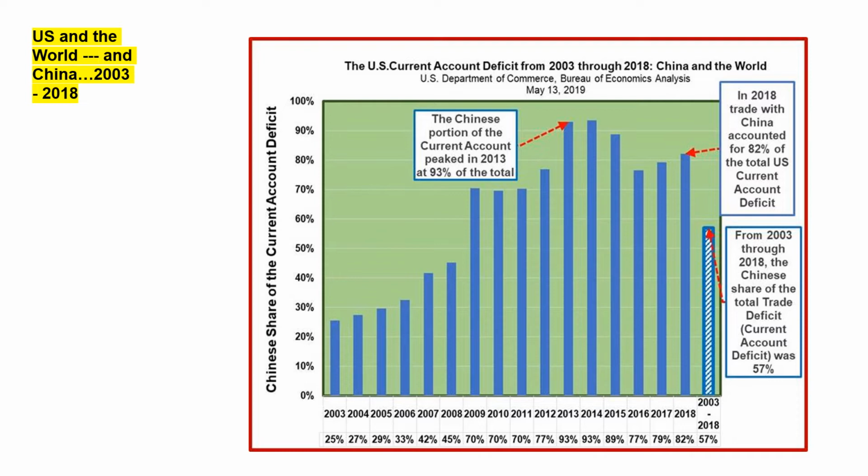In total, from 2003 through 2018, the current account deficit with China was at 57%. So China is a major player, obviously the primary player so far as our imports are concerned, our current account deficit, importing more than we're exporting.